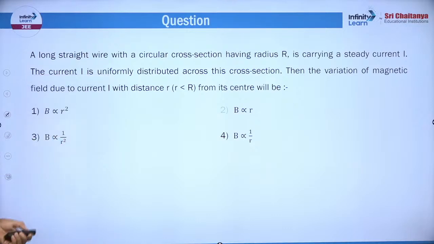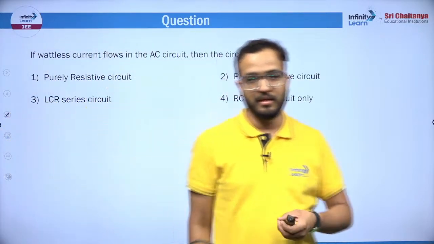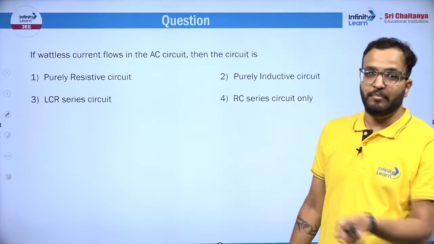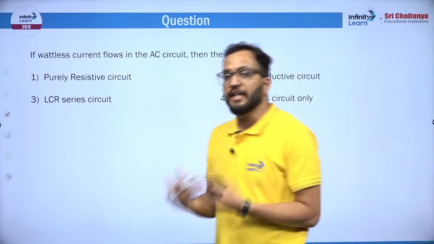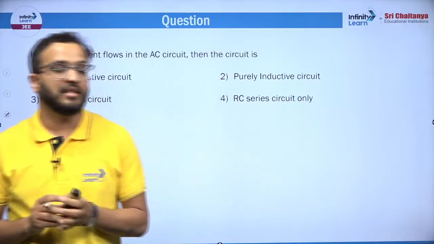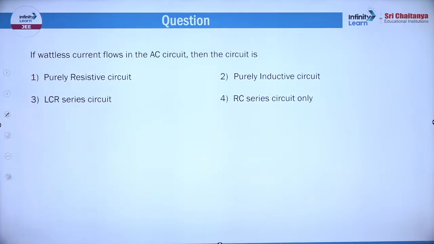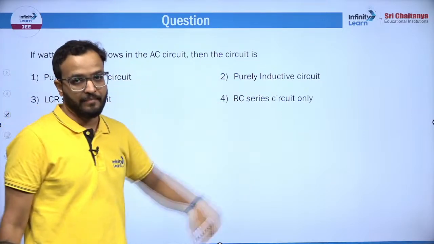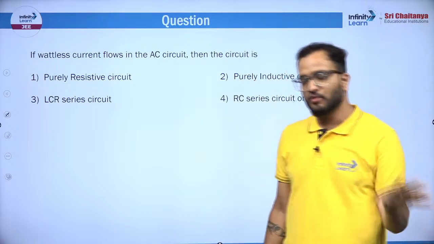Now let's have a look at this question. A wattless current, see wattless current means sine component of the alternating current. That means it doesn't produce any heat, it doesn't consume any power. A wattless current flows in the AC circuit. If there is wattless current, that means there is no power consumption, there is no heat production.